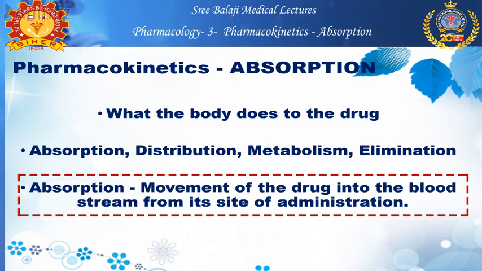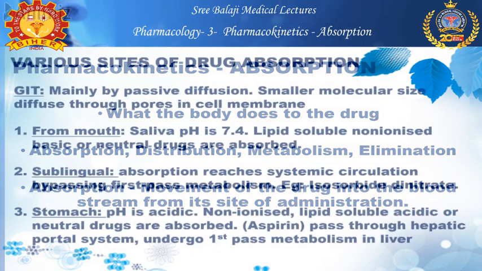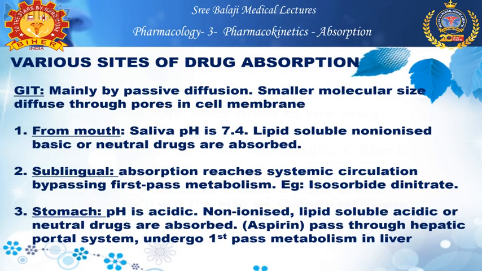So we will be learning about various sites of drug absorption. The main and major part of absorption of an oral drug is from the gastrointestinal tract, mainly by passive diffusion. Smaller molecular size drugs can diffuse through the pores in the cell membrane. The pH also plays a major role in the absorption of various drugs.